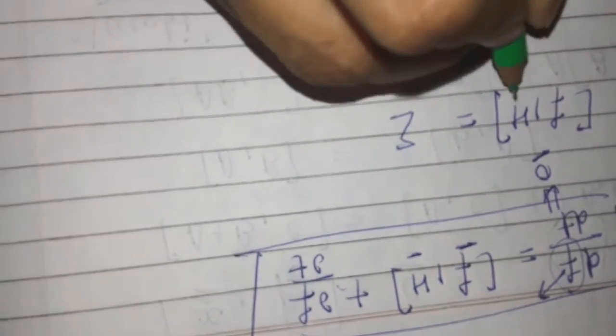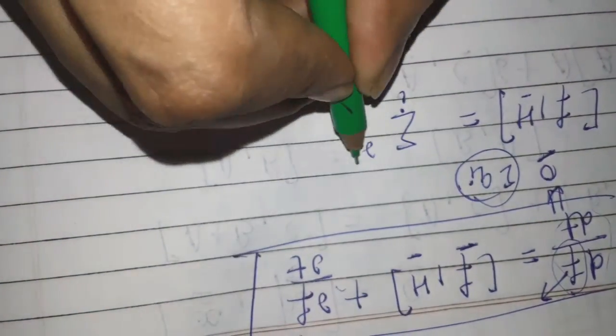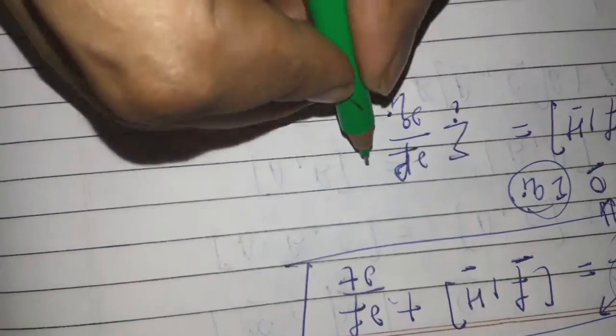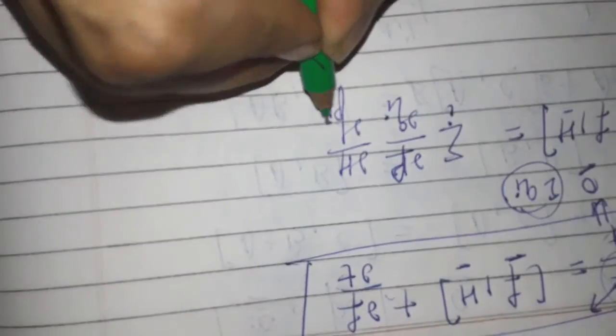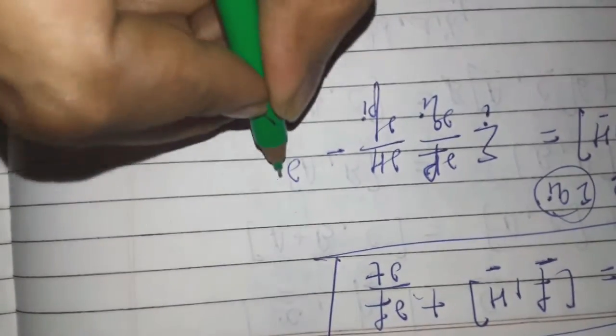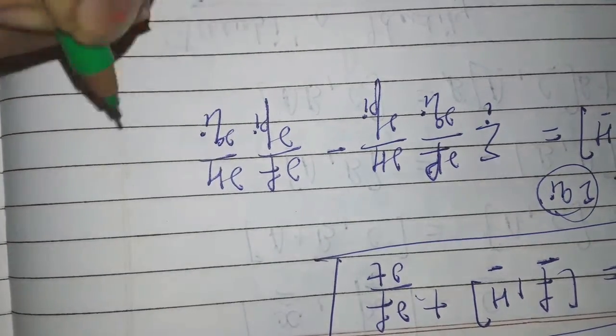If H is written in generalized coordinates qi, suppose summation over i, then [f, H] is the summation of ∂f/∂qi ∂H/∂pi, minus, please take care of this minus sign, ∂f/∂pi ∂H/∂qi.